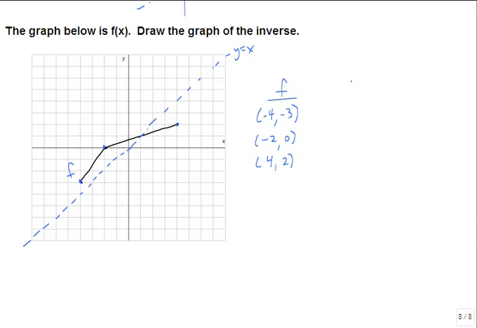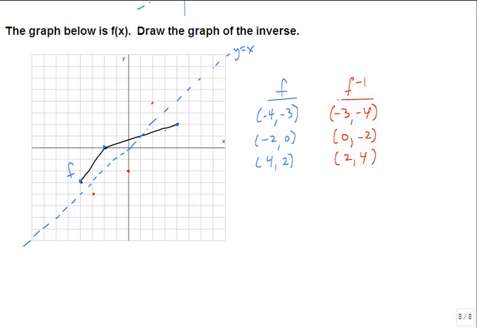So since we are looking for f inverse, and inverse is swap x's and y's, then this point right here would have to swap to -3, -4. This point becomes 0, -2, and this point becomes 2, 4. So let's plot those. -3, -4 would be right here. 0, -2 would be here, and 2, 4 would be up here.